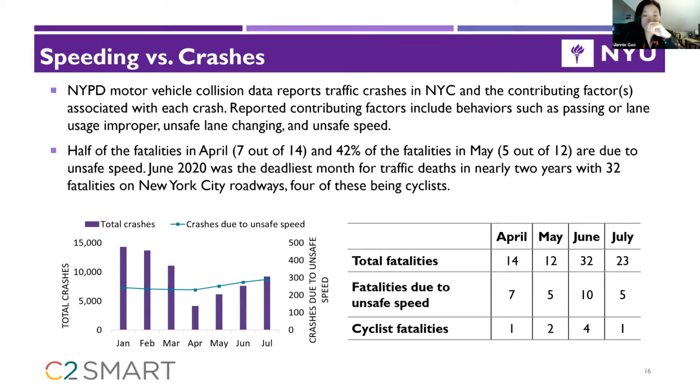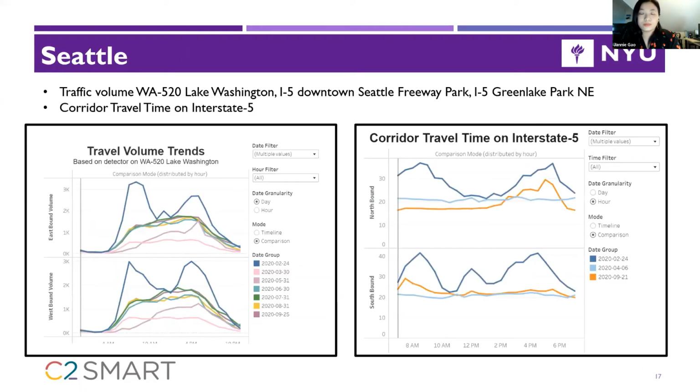Unsafe speed is a specific field that the NYPD uses in their reporting, and that usually represents speeding behavior. So yes, there's some relationship between fatality and speeding, and this is something that we should really be alert to. This is what the data on the dashboard is telling us. We may need to take some actions to prevent more speeding behavior.